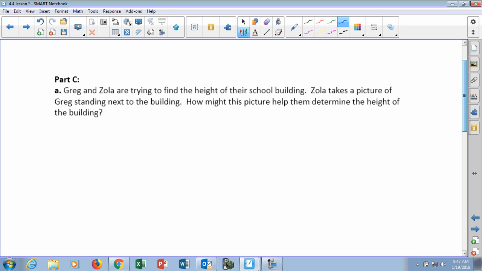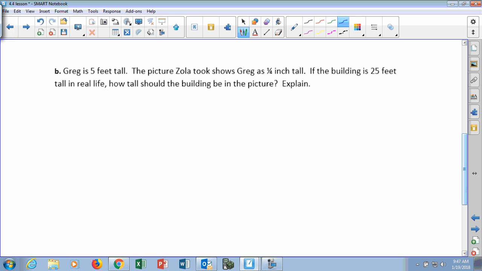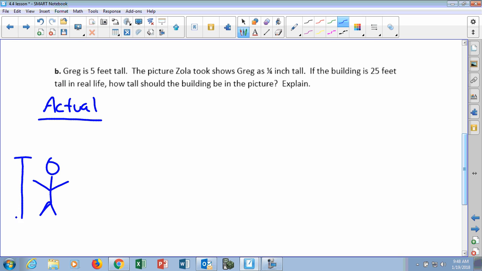So if we do our work down below here to part B, so if Greg is 5 feet tall, okay, so this is the actual, so here's Greg. Greg's skinny. Greg is 5 feet. Okay.